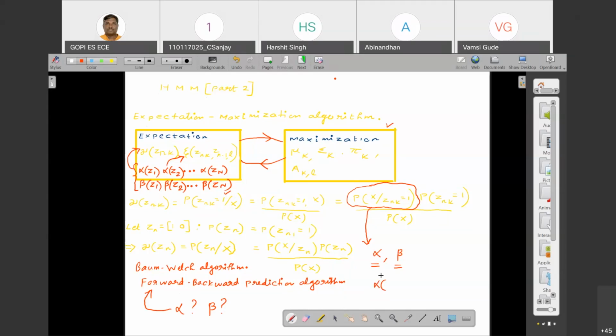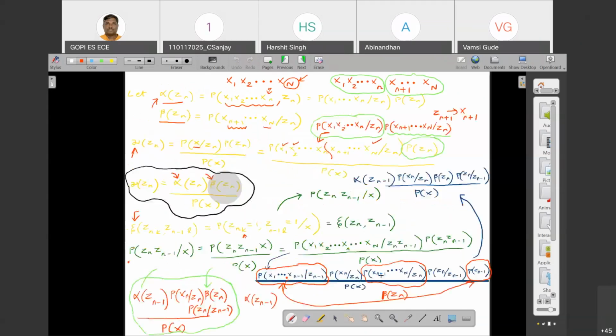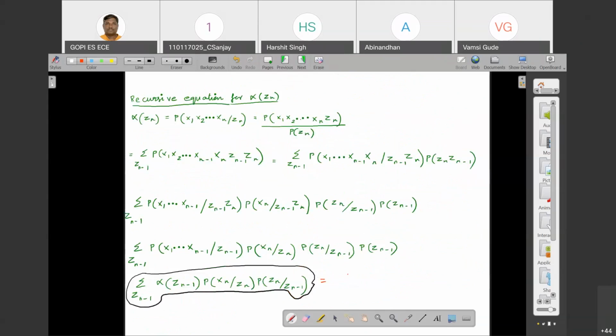We'll see the steps, but for now I'm just saying that we are able to write alpha of Zn in terms of alpha of Zn minus 1. In other words, alpha of Z minus 1 is helping you to get this alpha of Z1.